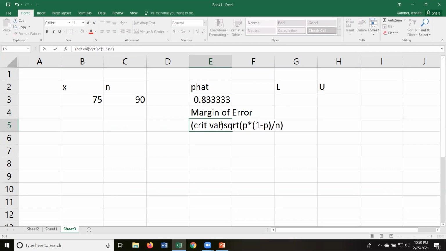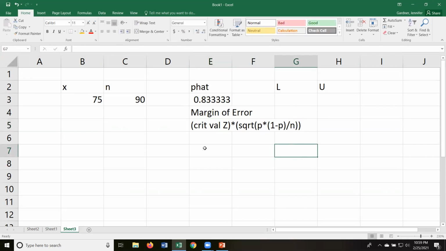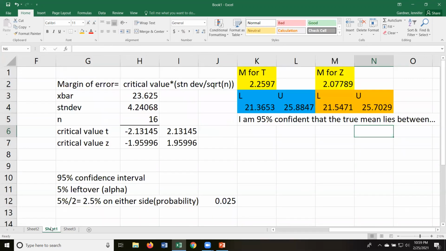In this case, it's the critical value Z, the one from the normal distribution, because that's the one we're going to use for a proportion. So we have this big part here that we'll calculate. We have P hat right here, N we have is 90, and so we just need critical value Z. Well, guess what? That didn't change from 95% over here, so we still have that critical value.